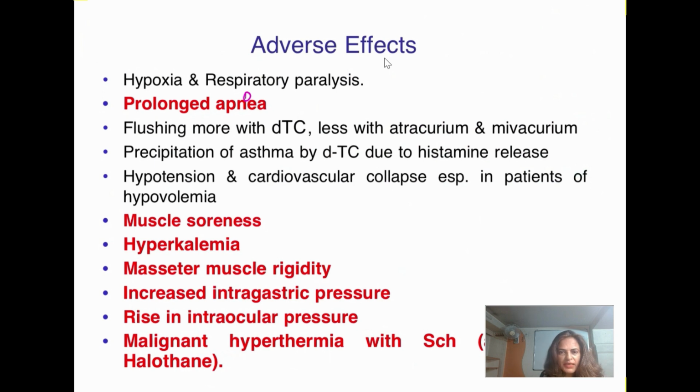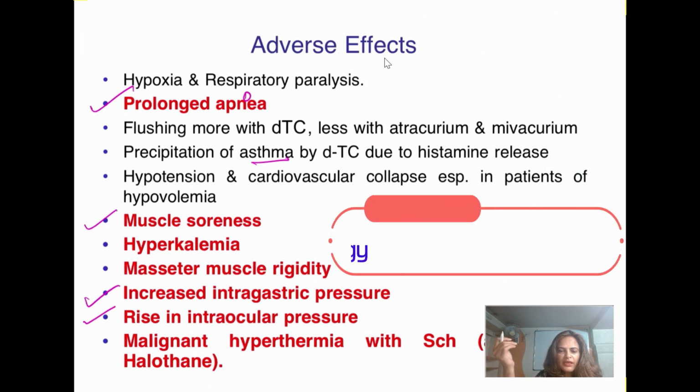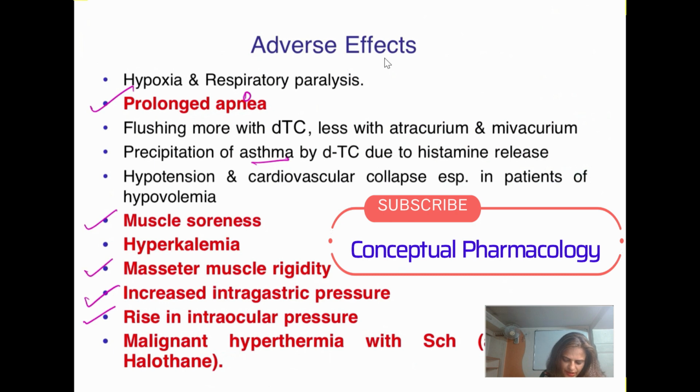Flushing is due to histamine; depolarizing agents do not release much histamine, so asthma also will not occur. Then prolonged apnea, muscle soreness, increased intragastric pressure, increased intraocular pressure, increased blood pressure and increased intracranial pressure, masseter muscle rigidity, hyperkalemia and malignant hyperthermia.